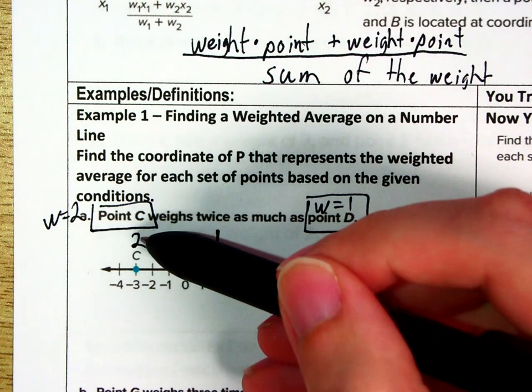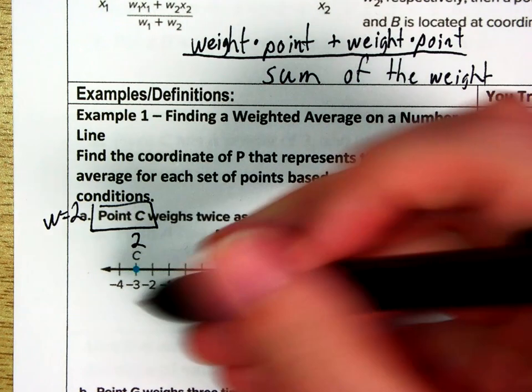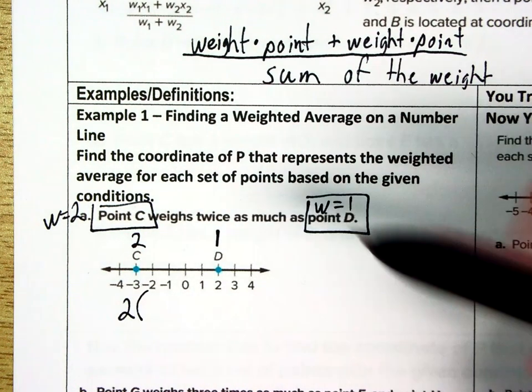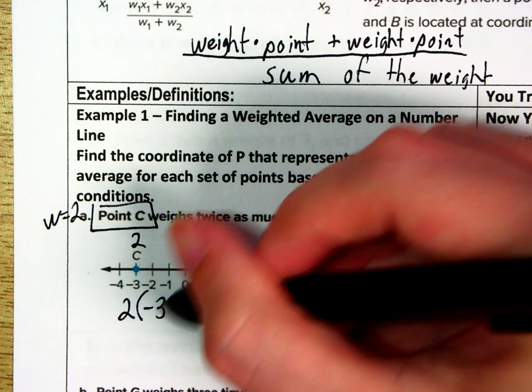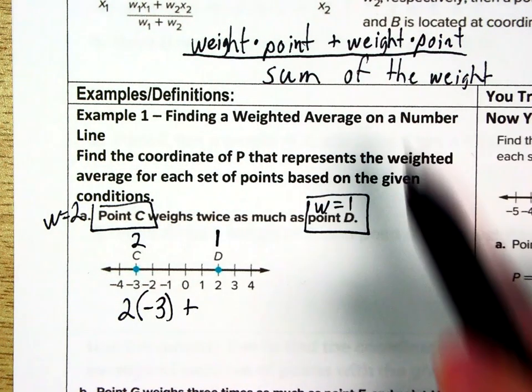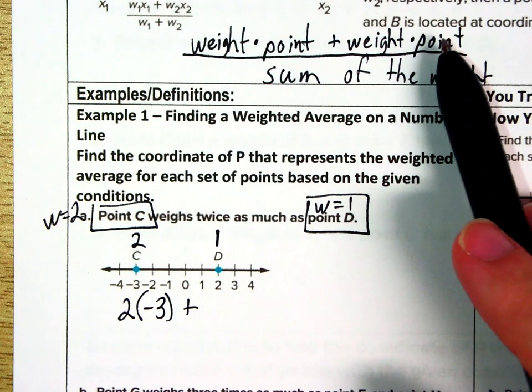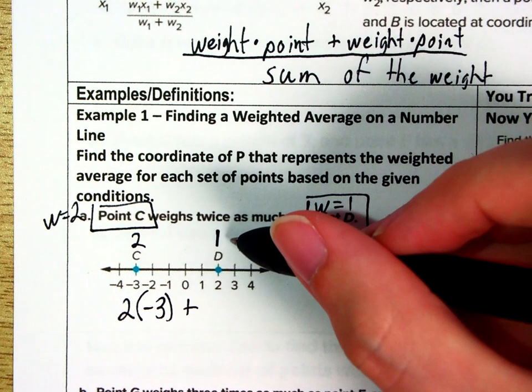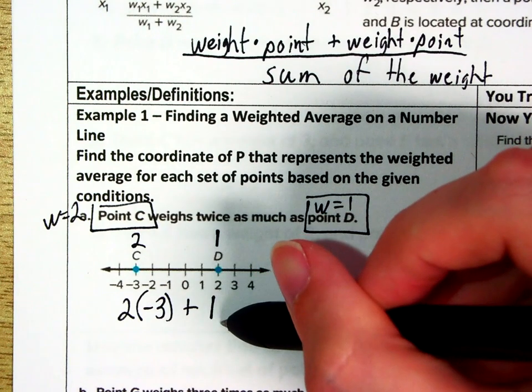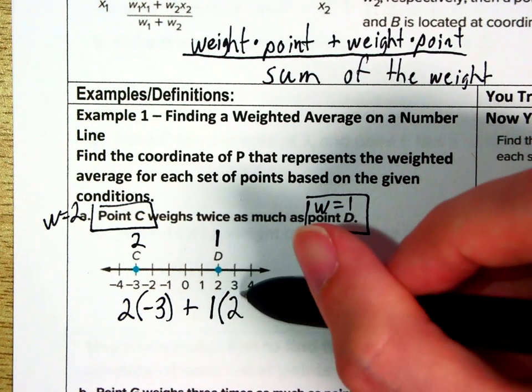We're going to do the weight of C times the location of C. And then we're going to add the weight times the point of the other coordinate. D has a weight of 1, and it's at a location of 2.